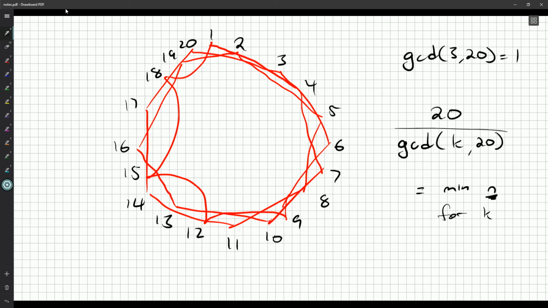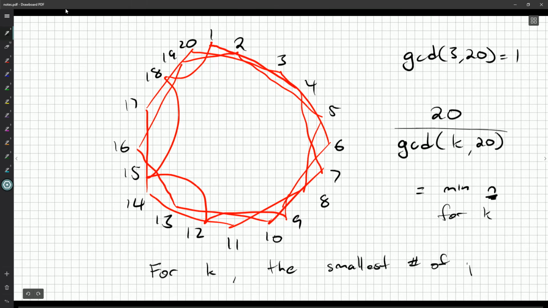I want to test this idea. I could prove this maybe if we had some time. But the idea is, I think, for k, the smallest number of people in a group, like the square or this weird shape or our decagon, must be the GCD of k and 20.